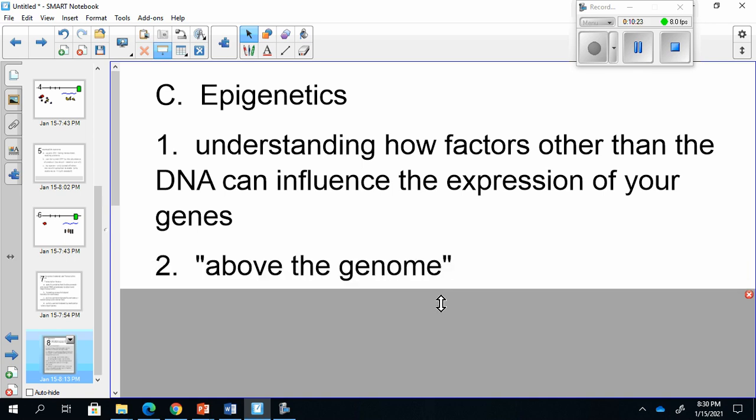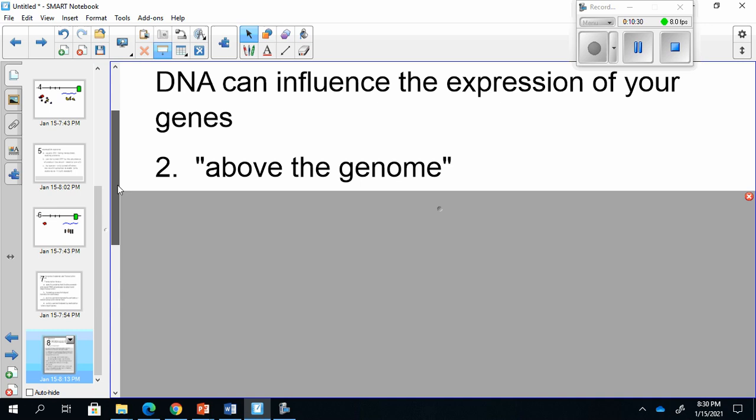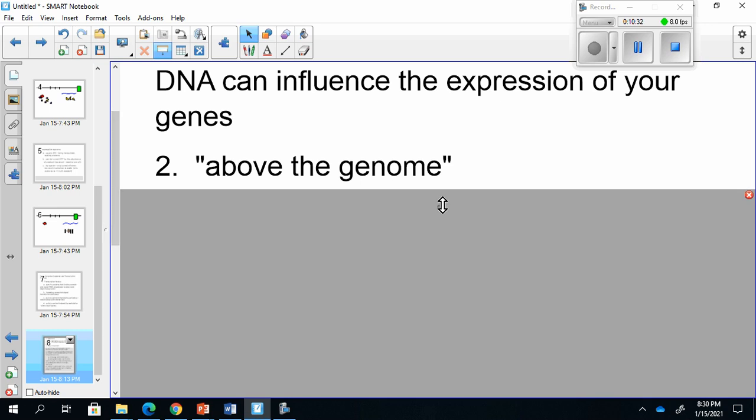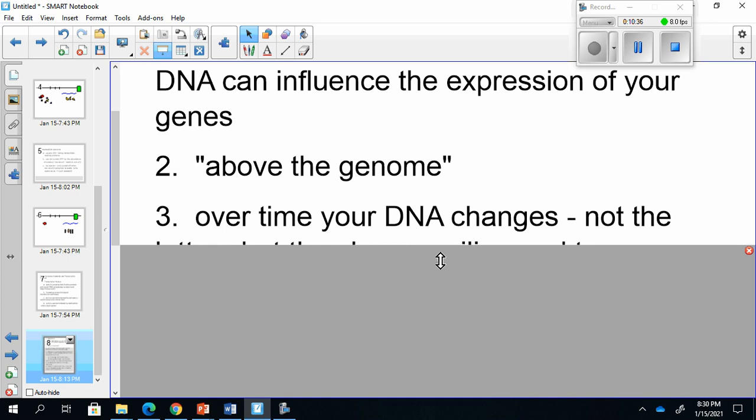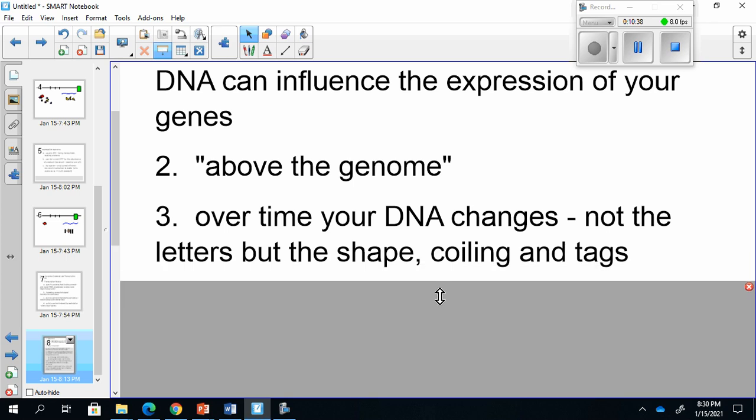The word epigenetics literally means above the genome. So the letters don't change, but what does change are these tags and codes that are above the DNA. So over time, your DNA changes, not the letters, but the overall shape, even how the ends are, the coiling of the DNA and tags on the DNA. That is really the study of epigenetics.